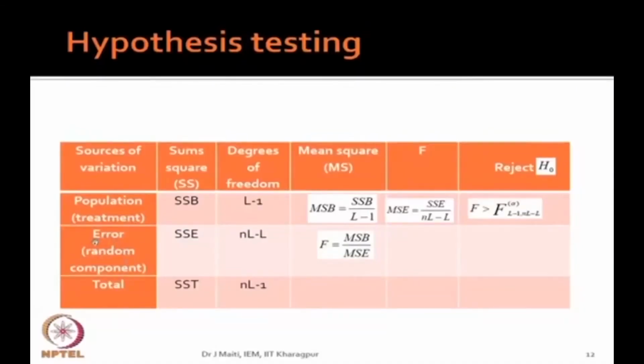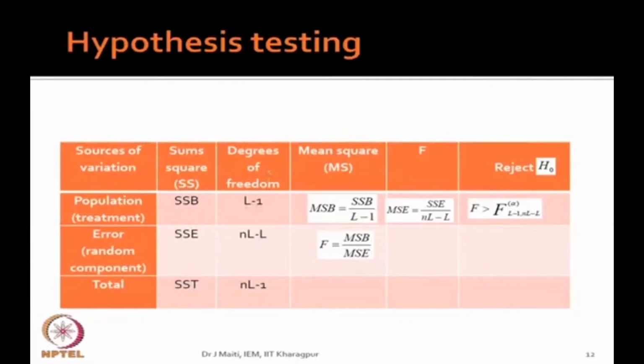So, another source of variability is error, and these two sources, population and error, make the total variability. As a result your table looks like this: population, error and total, then SSB, SSE and SST.